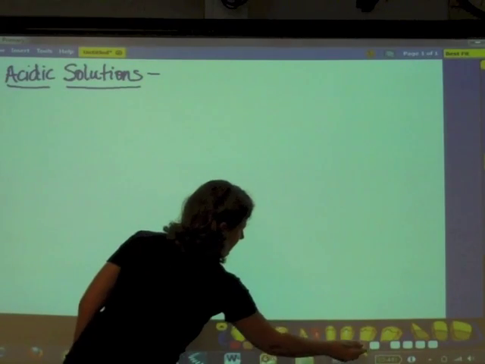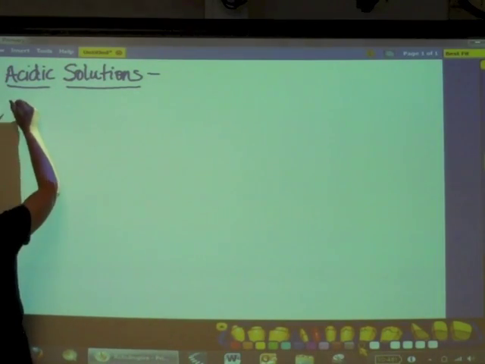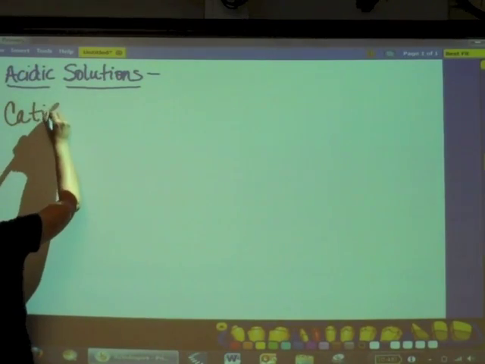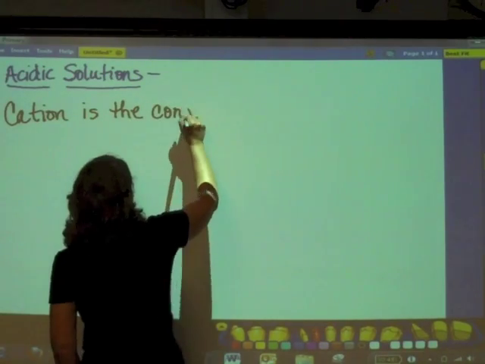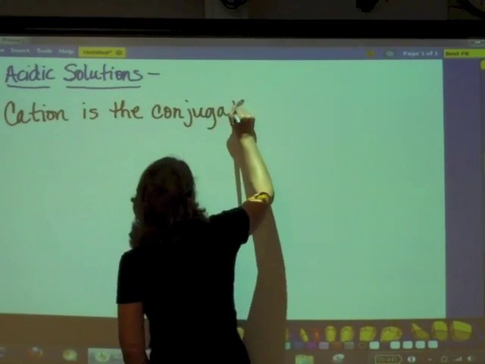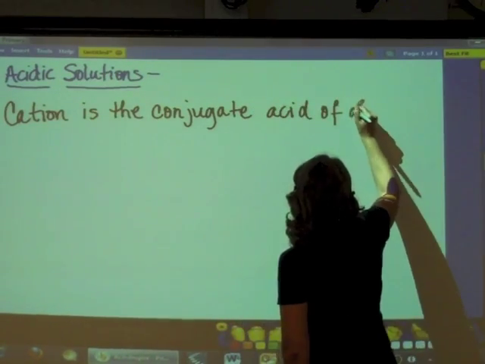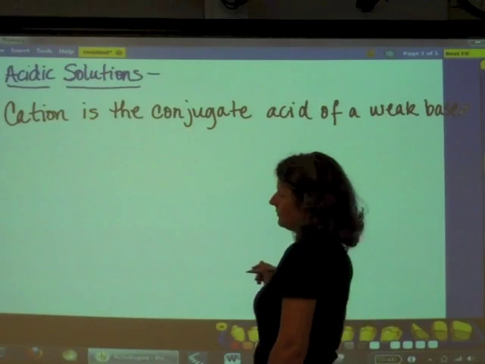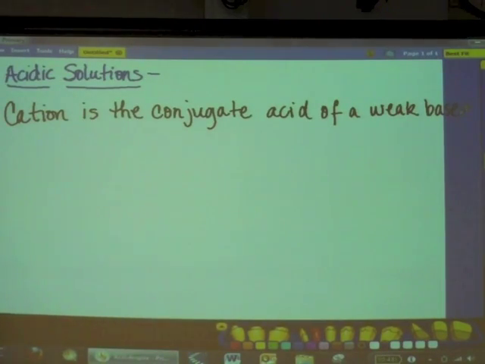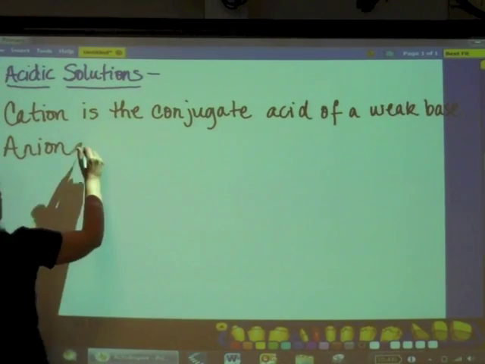Well, we are going to have salts, for instance, where the cation is the conjugate acid of a weak base, and the anion is neutral.